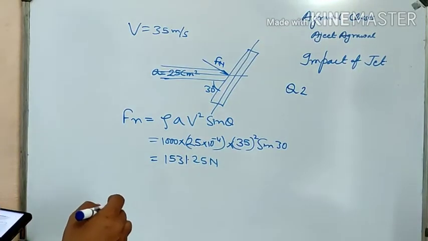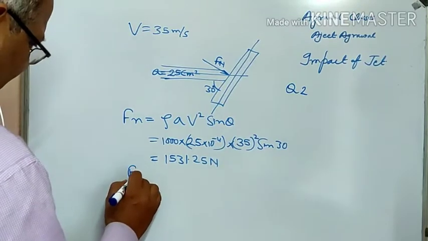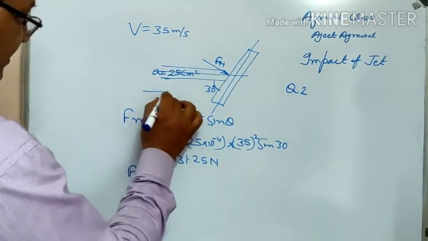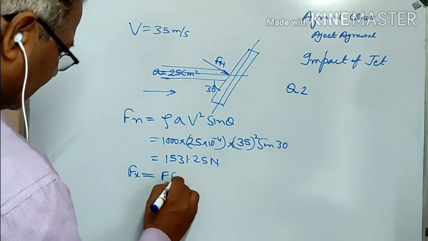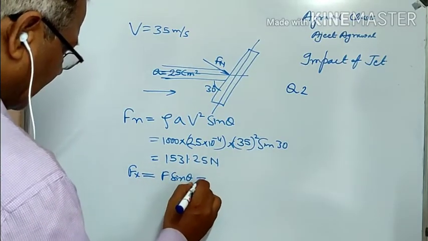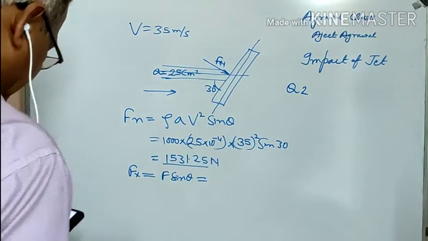First we find the component of the force Fn, say Fx, along the jet, which will be F sine theta, where F is this value and sine theta is sine 30.